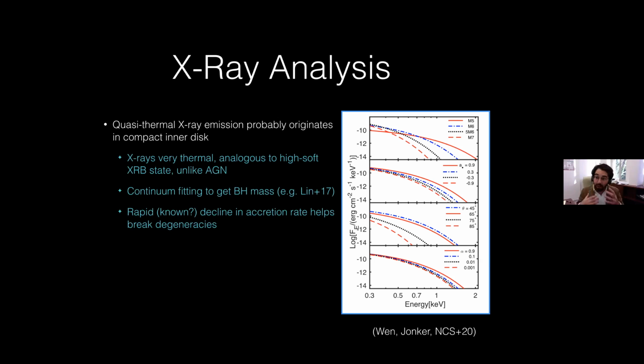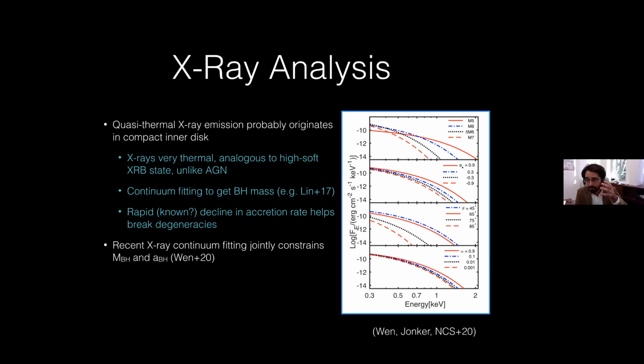And one thing that helps you in relation to past attempts to use continuum fitting on AGN is not just the fact that you have this very soft quasi-thermal spectrum, but also the fact that the accretion rate varies by orders of magnitude across a few years of observation, which helps to break degeneracies that plague continuum fitting attempts on sort of classic slowly varying AGN.